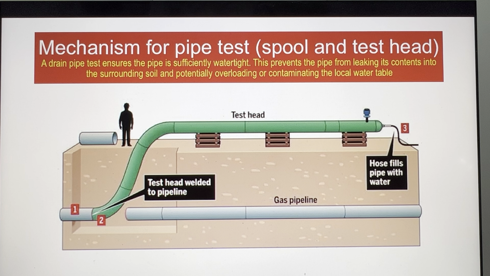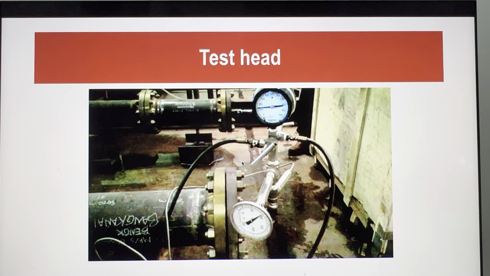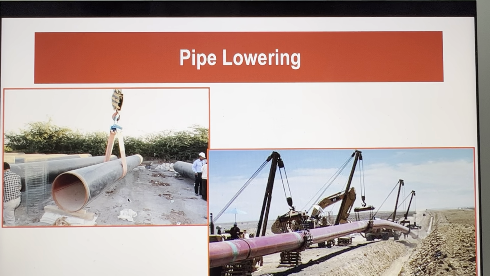Because if there is, then the contractor will be required to identify the location of the leak or failure, so that they have to rectify the connection of the pipe, whether there is an issue with the welded area. Now this is the test head. You will find the pressure gauge to check whether there is pressure difference.